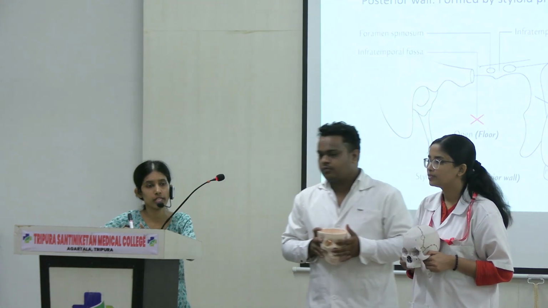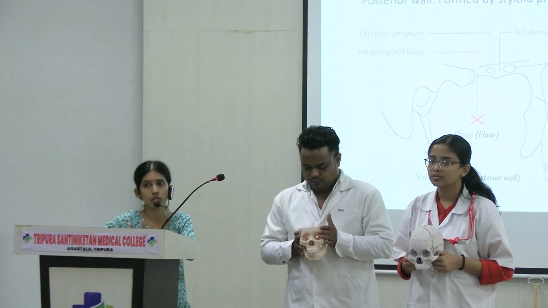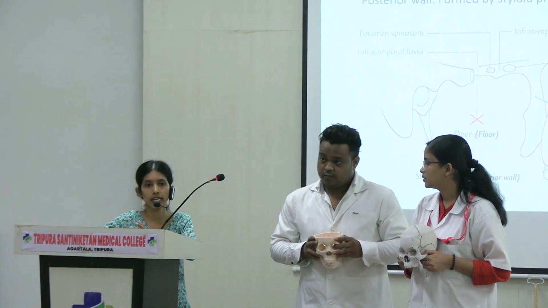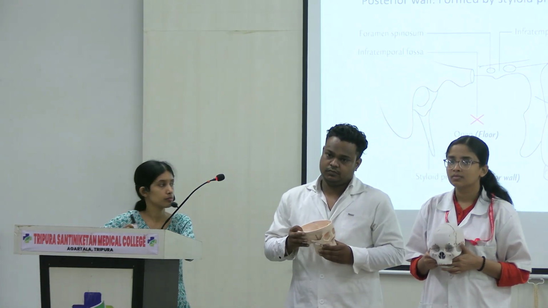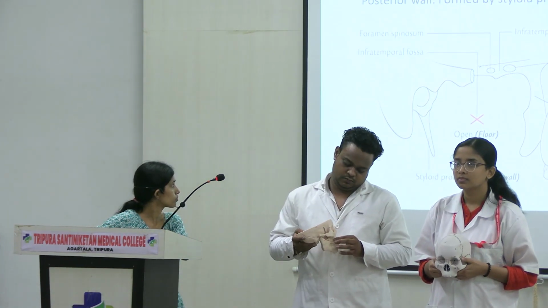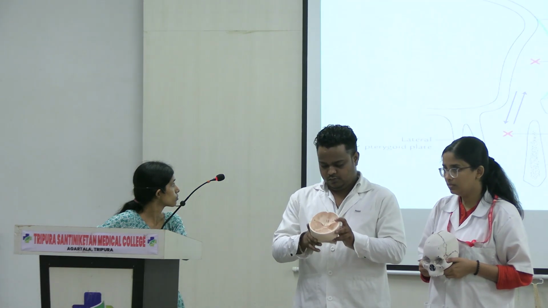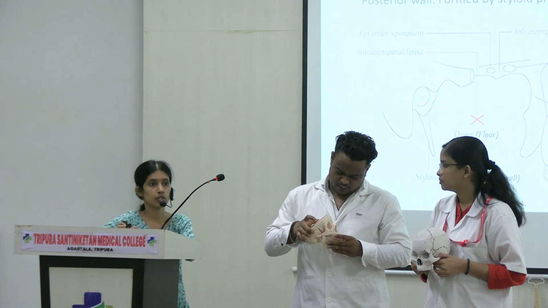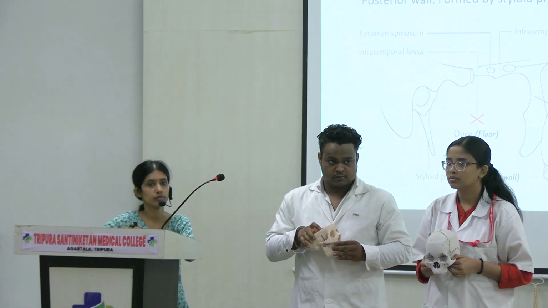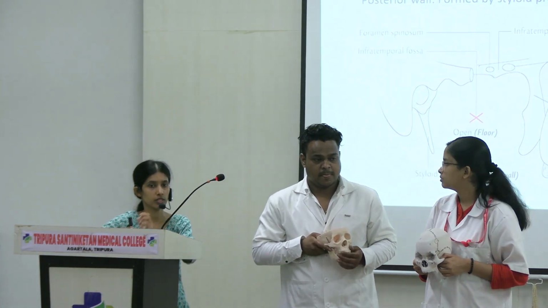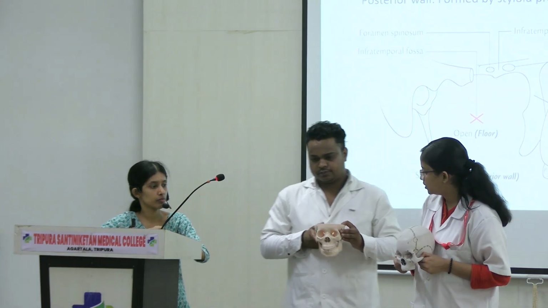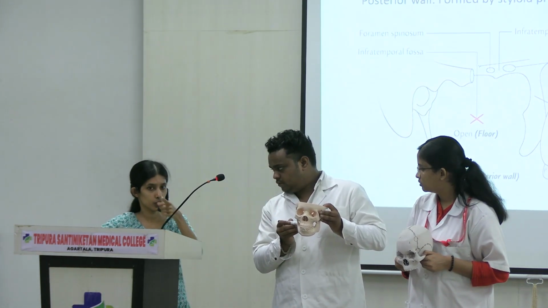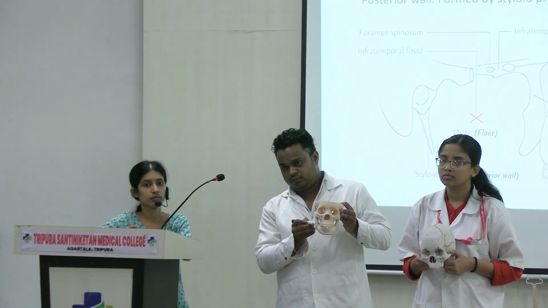Osteology chapter, base of the mandible, ramus of the mandible. Just open the diagram of mandible. So which one is the ramus of the mandible? The side part. Show it to them. You hold this. Is it right?